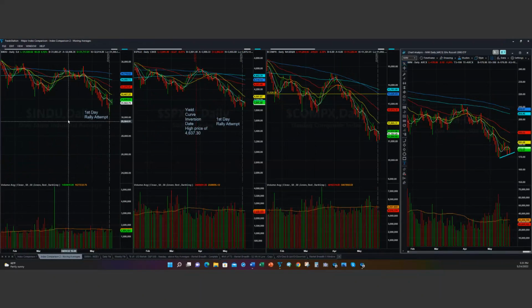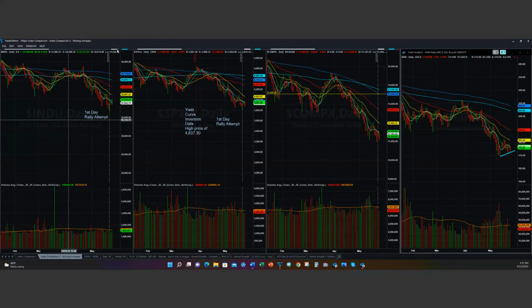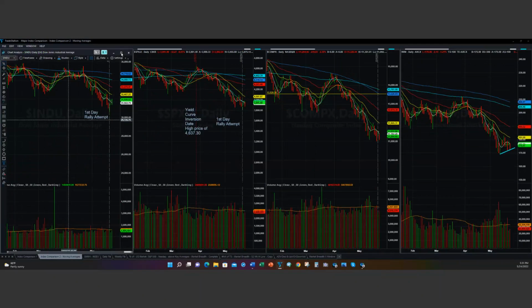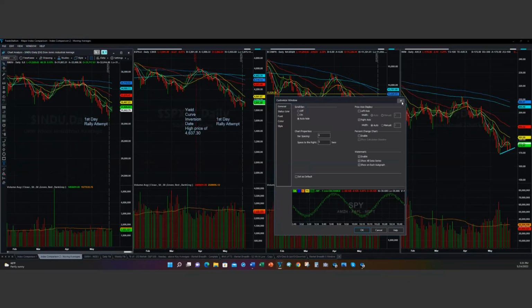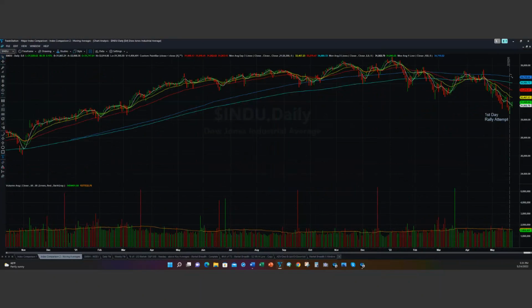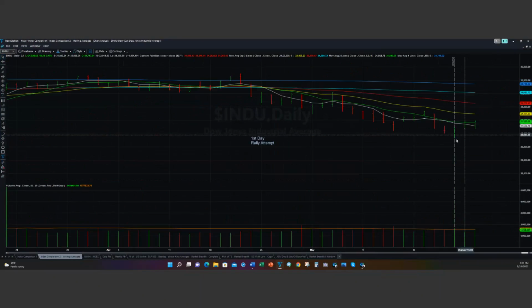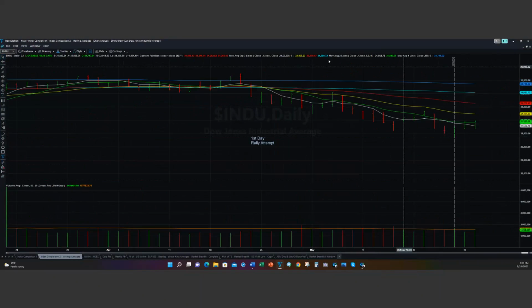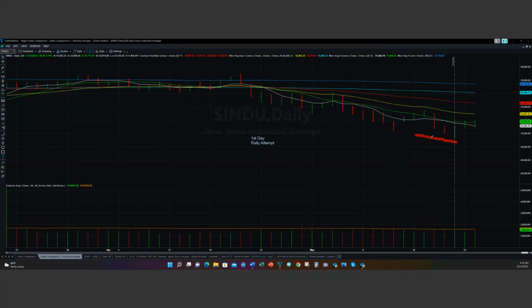Let's look at the Nasdaq here. The Dow Jones. Let's open up the Dow Jones. I'm going to expand the chart so you can see it better. You see the Dow Jones made a lower low.